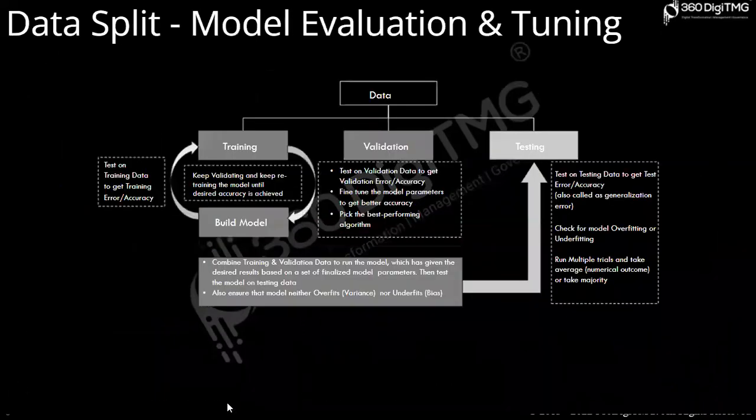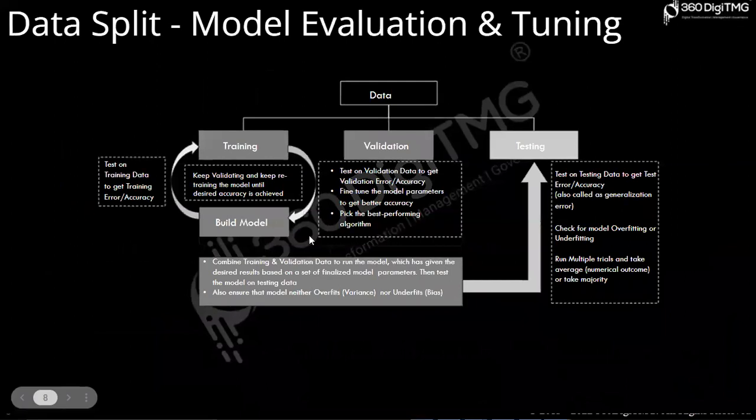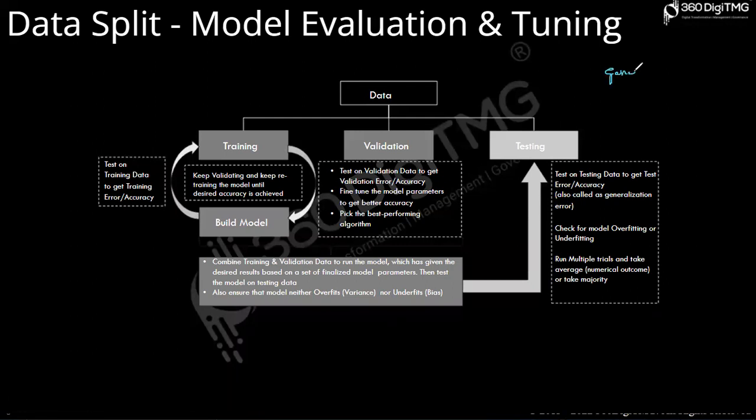So why do we do a data split? We are trying to build a generalized model. So what is a generalized model?